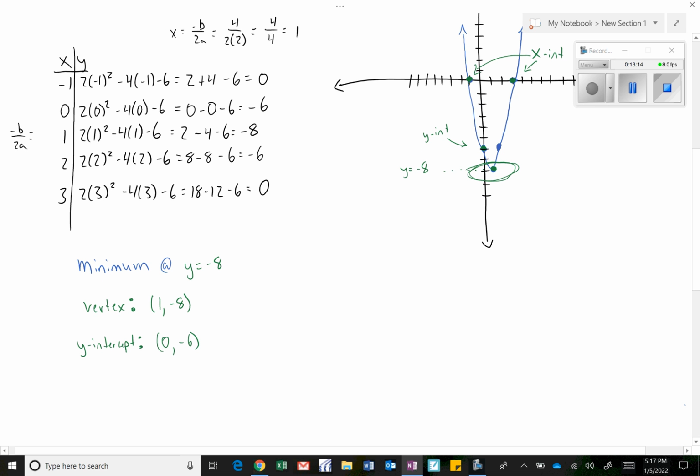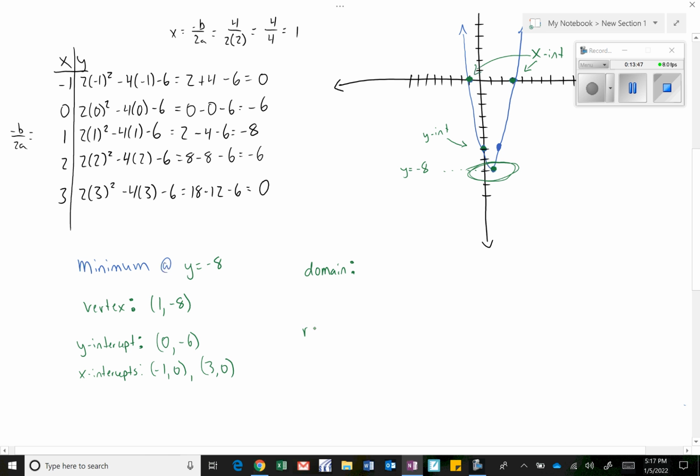And so our x-intercepts, we have the point -1, comma 0. And we also have the point 3, comma 0. Very good.